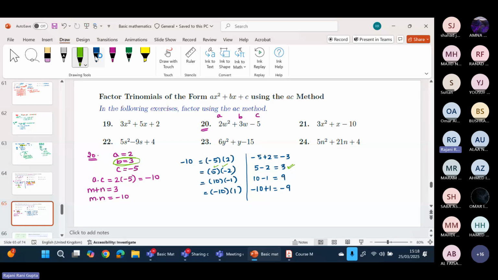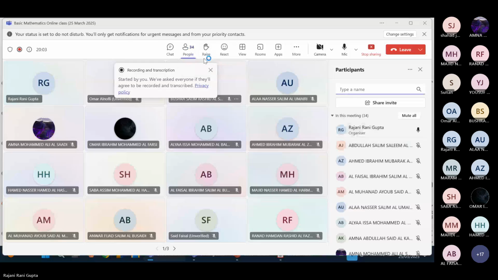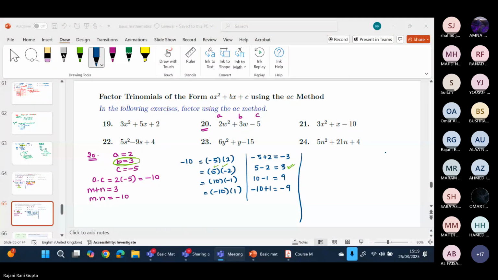Okay. So now you will rewrite your question as 2w square plus 3w minus 5.